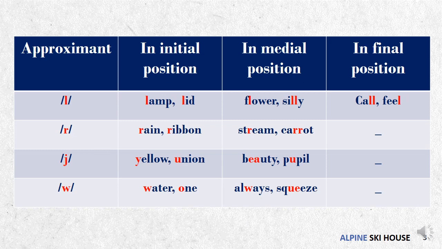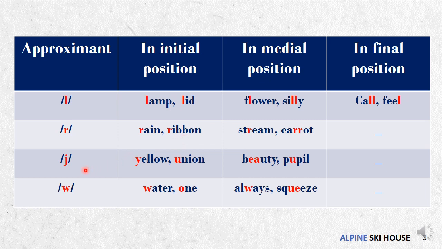Let us look at the following examples so that we can have a better understanding of an approximant. Approximant sounds can come in the initial position, in medial position, and final position. So an L sound, like lamp or lid. The R sound, like rain or ribbon.